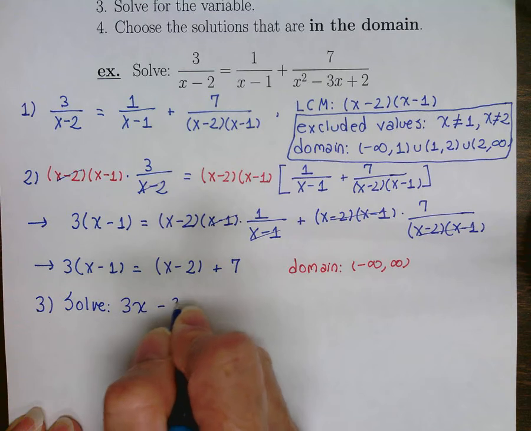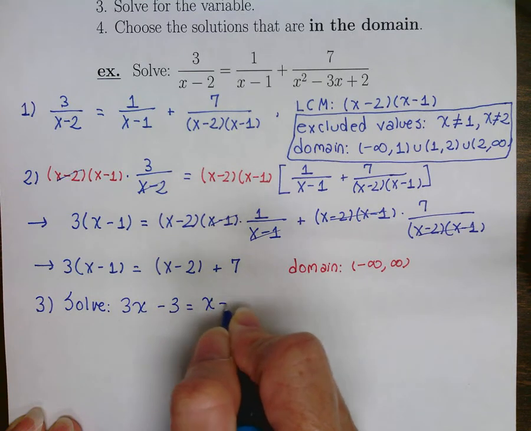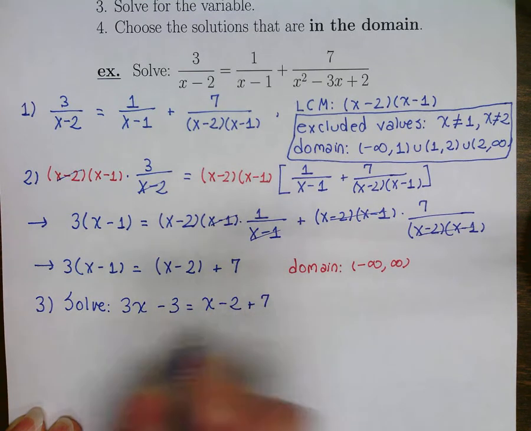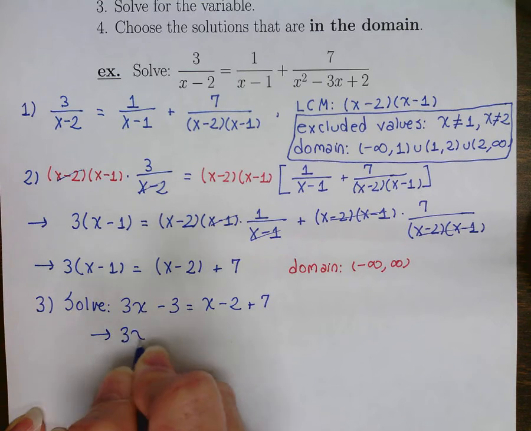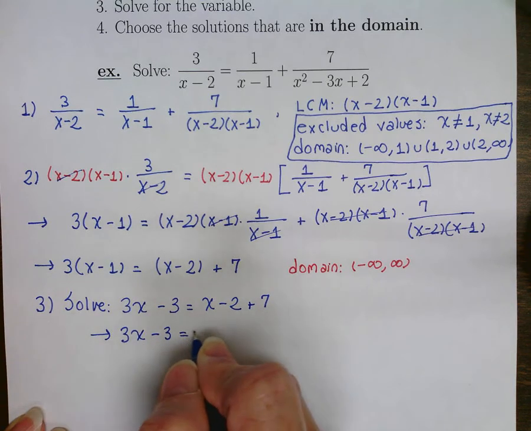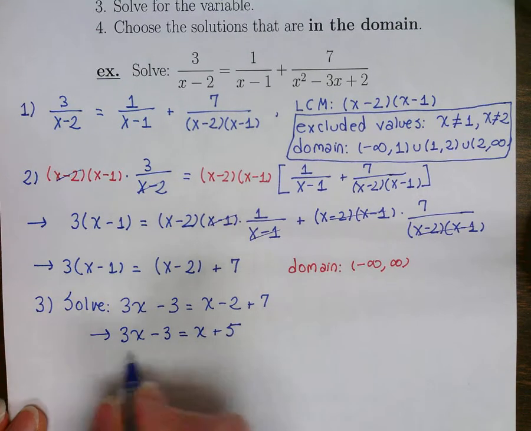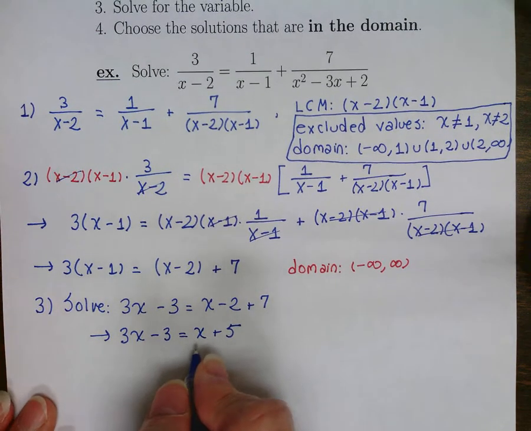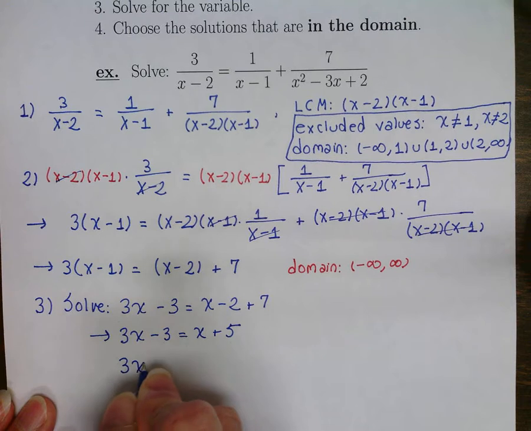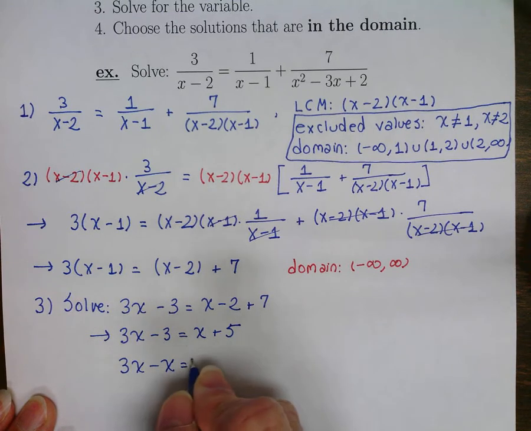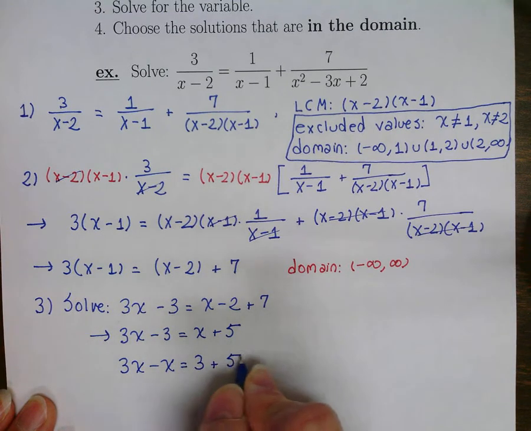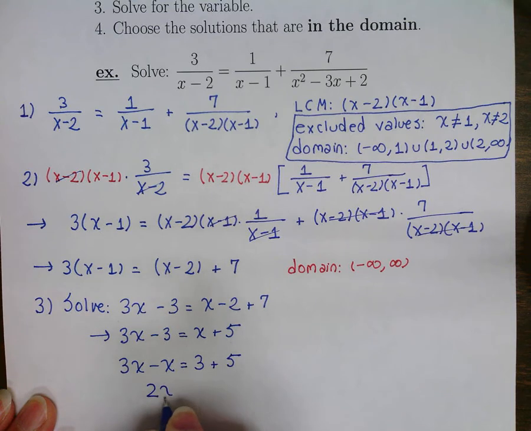3x minus 3 equals x minus 2 plus 7. So 3x minus 3 equals x plus 5. And then we isolate our variable. Let's combine the x's. And we get 3 plus 5. So it looks like 2x equals 8, or x equals 4.